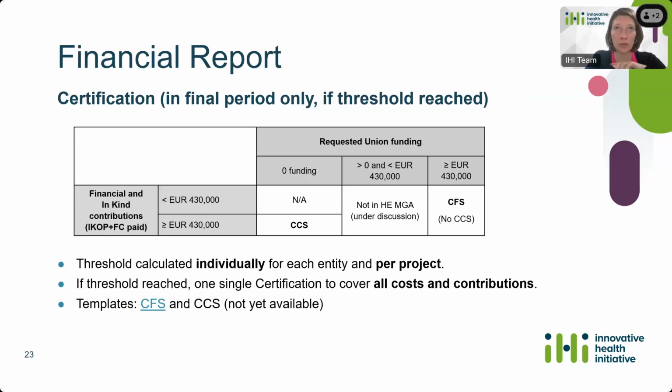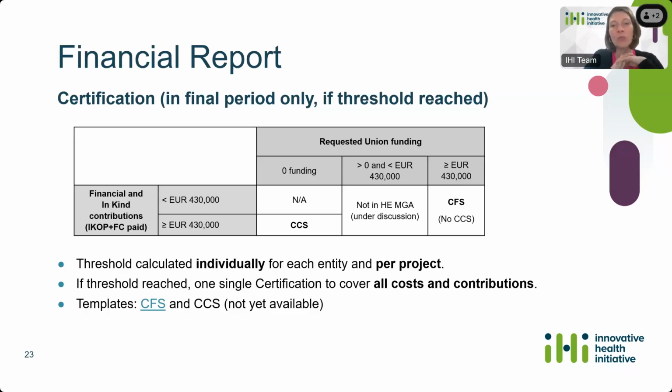So the threshold calculation is individual. It's calculated at the level of each entity and per project. And if the threshold is reached, there is just one single certification to be provided and to cover all the costs and contributions. So in case of a hybrid participant, for instance, you don't need to provide one CFS and one CCS.